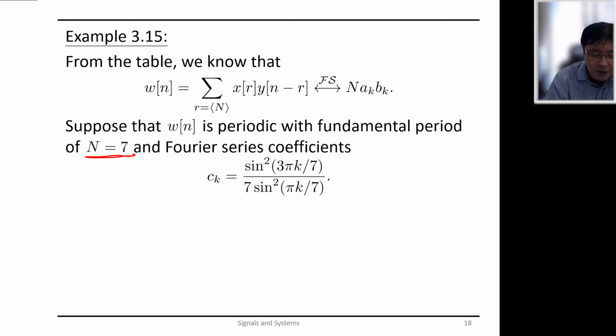Now, by observation, you can view this CK as 1/7 times this sine over sine squared.